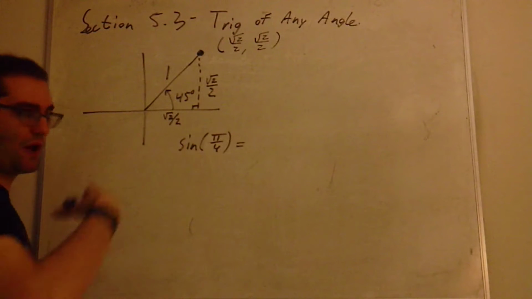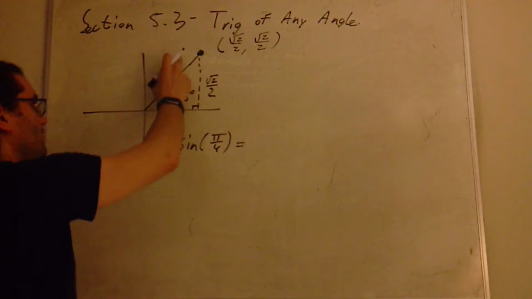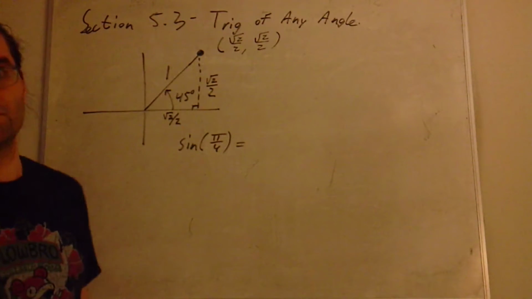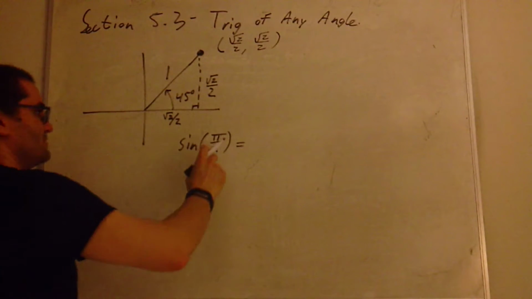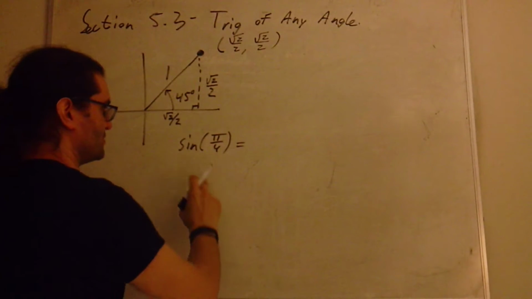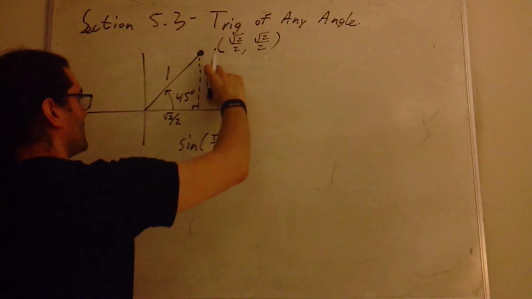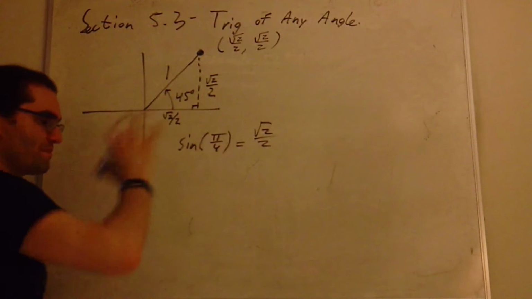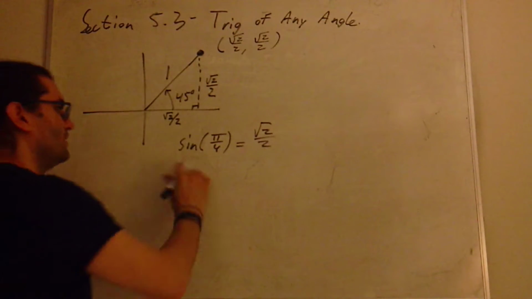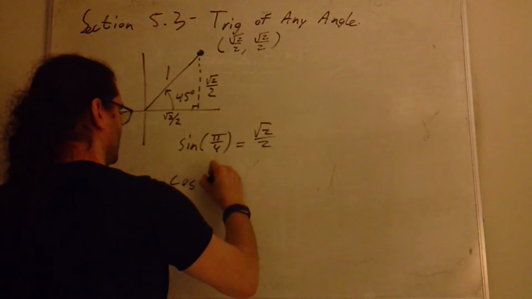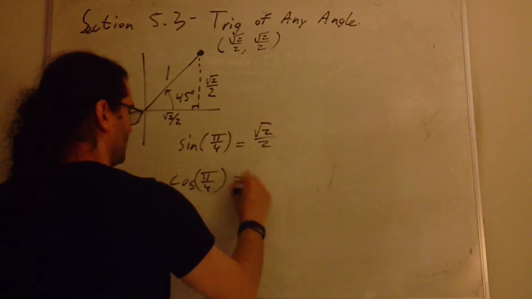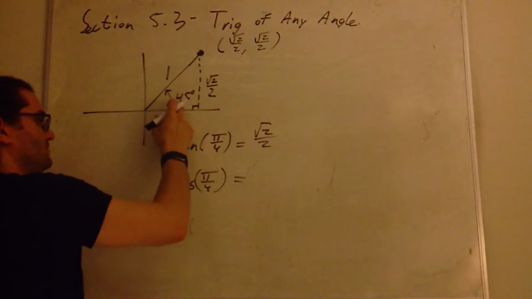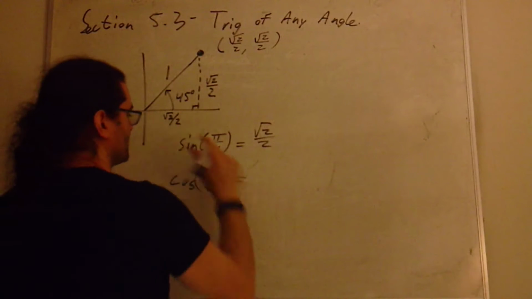So throughout this section, I'm always going to be setting my hypotenuses to 1, so that I'm dividing by 1 when I'm getting these values, and that just makes it super straightforward. So the sine of pi over 4 will be the opposite, root 2 over 2 divided by 1, which is just root 2 over 2. The cosine of pi over 4, which is this 45-degree angle, is also just root 2 over 2.